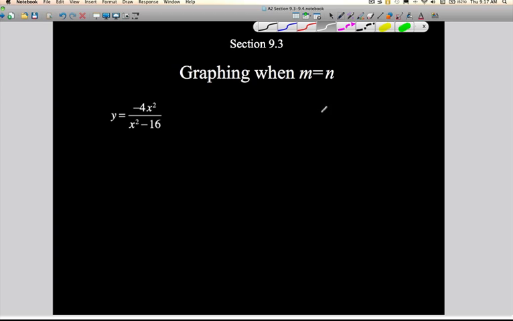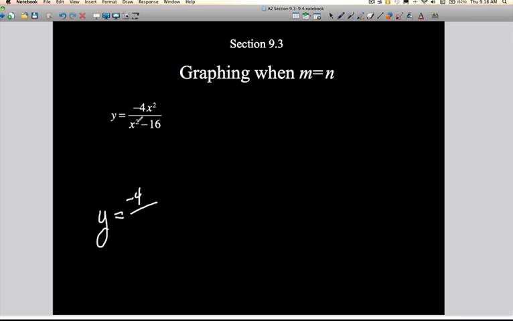We have 3 basic scenarios here in terms of the variation lies in determining the horizontal asymptote. So as we go through, when m is equal to n, I'm going to be using the ratio of the leading coefficient, in this case -4 in the numerator, and the leading coefficient, in this case 1, that is in the denominator. So y is equal to -4 is my horizontal asymptote.